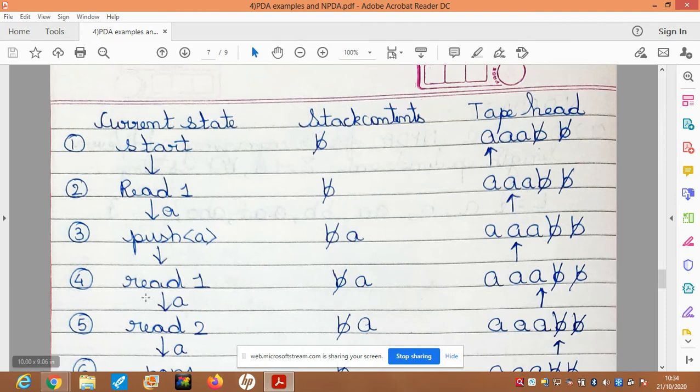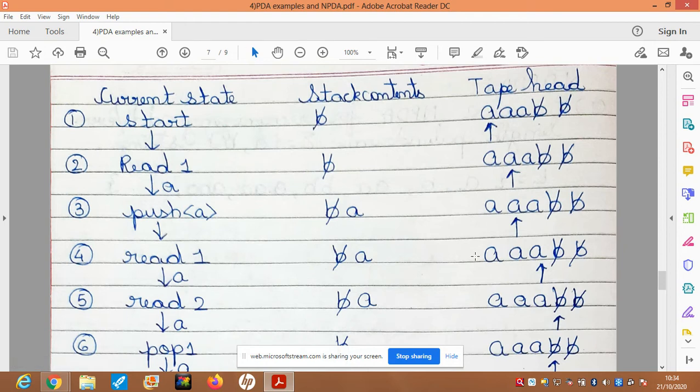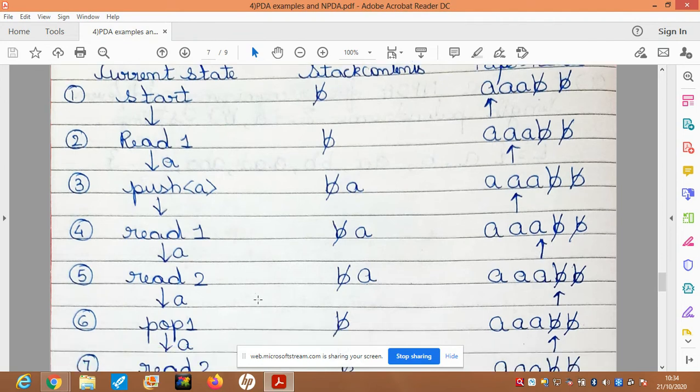From push A, I go back to read 1. The symbol being read is an A. Now this is our central element, so we move from read 1 to read 2. The stack contents remain the same and the read head moves one place to the right. Since we've already found our central element, now we have to match the elements. The right hand side will be matched to the left hand side.